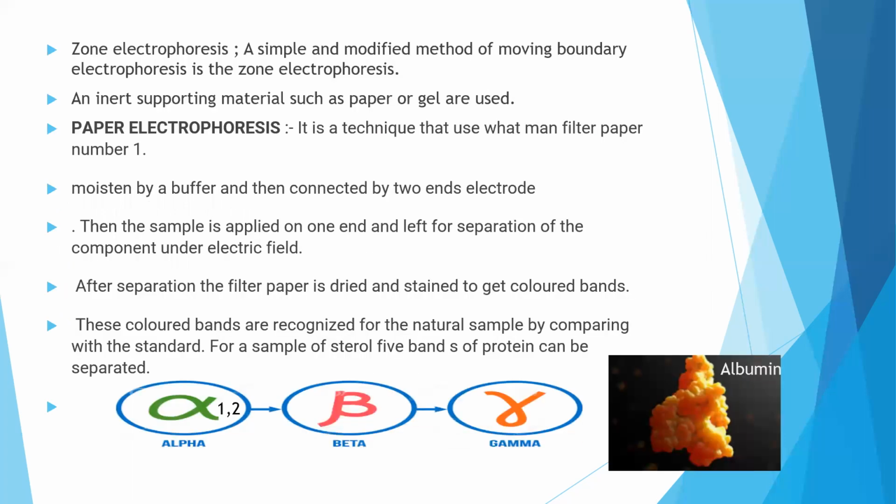Zone electrophoresis is a simple and modified method of moving electrophoresis. In zone electrophoresis, an inert supporting material such as paper or gel is used.